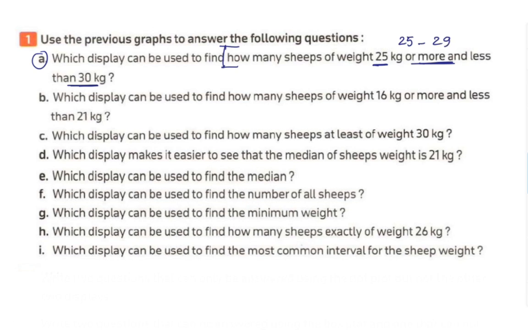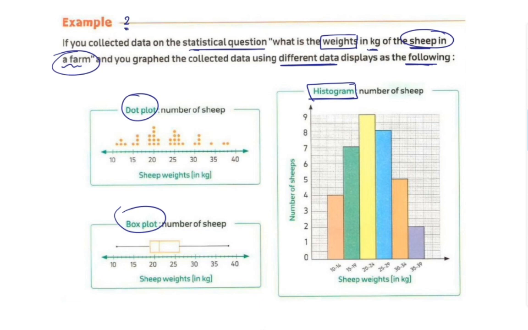Start with 25 and more, but less than 30, that means between 25 and 29. Look here, 25 to 29 is an interval. Right? So I can use histogram to answer this question, or I can also find this number from the dot plot. From histogram, the answer will be 8, right?